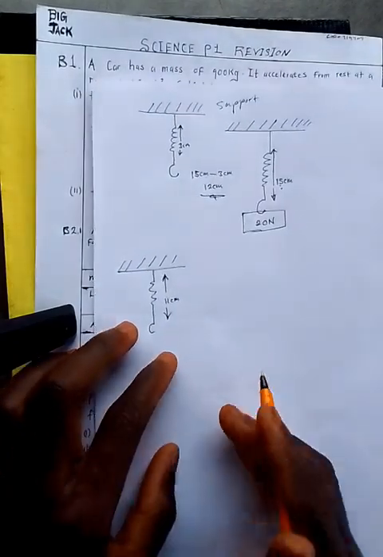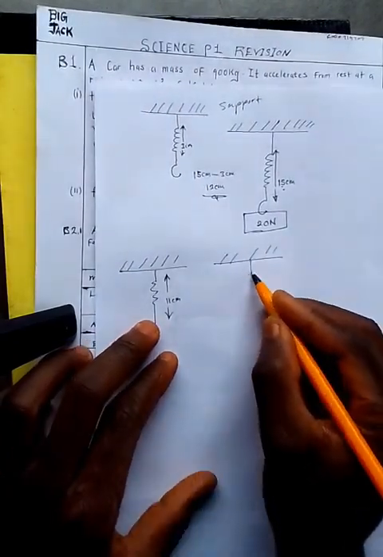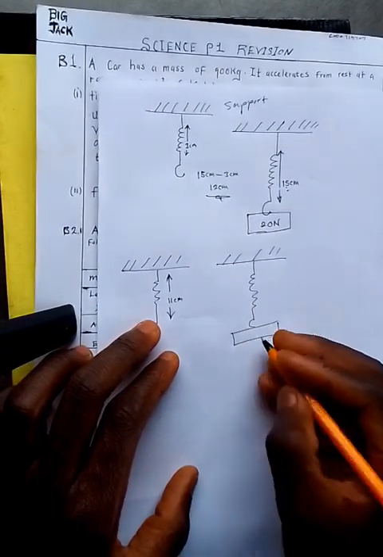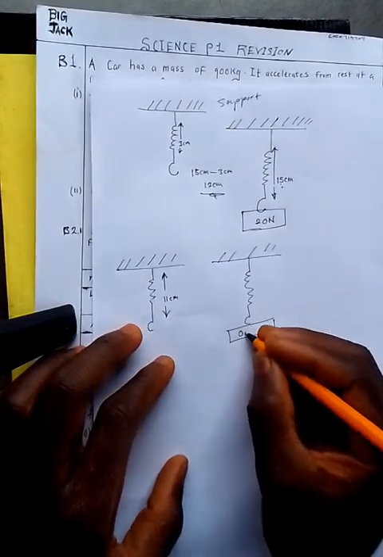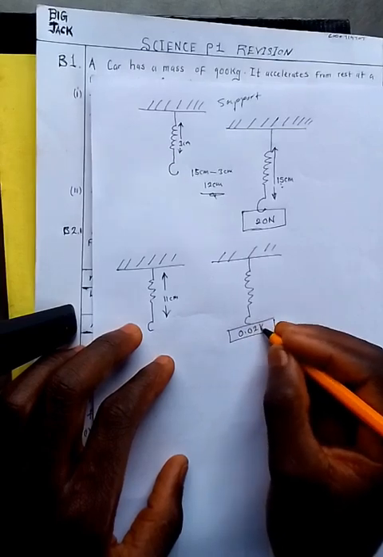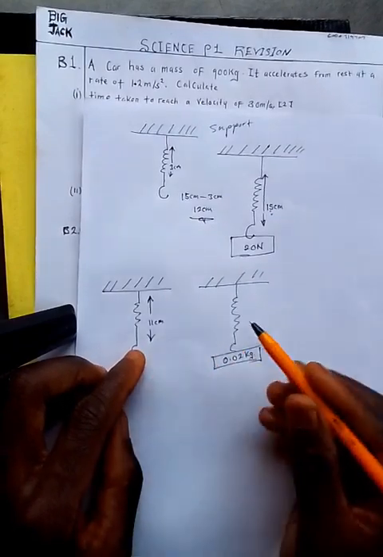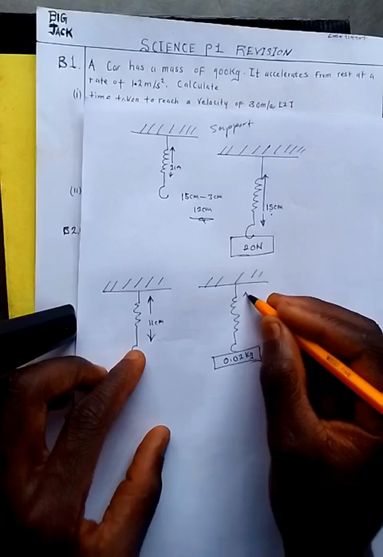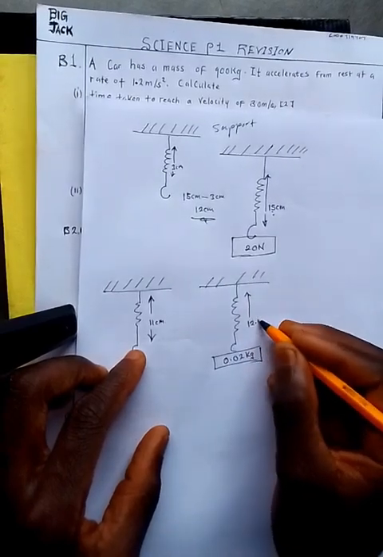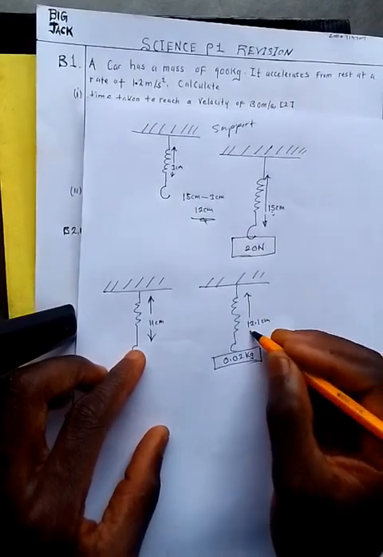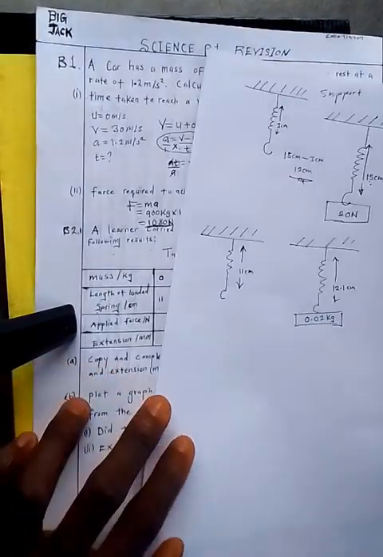So let me also draw that one. Here we have 0.02 kgs of mass. Now from 11 centimeters, the spring has extended up to 12.1 centimeters. What will be the extension?